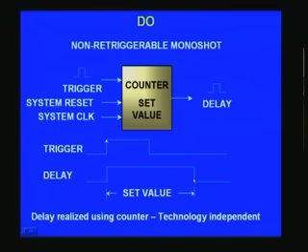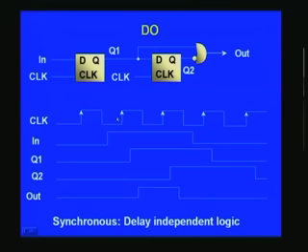Now you would notice, as in the previous case where a single pulse was produced, as well as in this particular example, it is technology independent. It is dependent only on the system clock. So this final delay is based just on the clock and not on the technology.